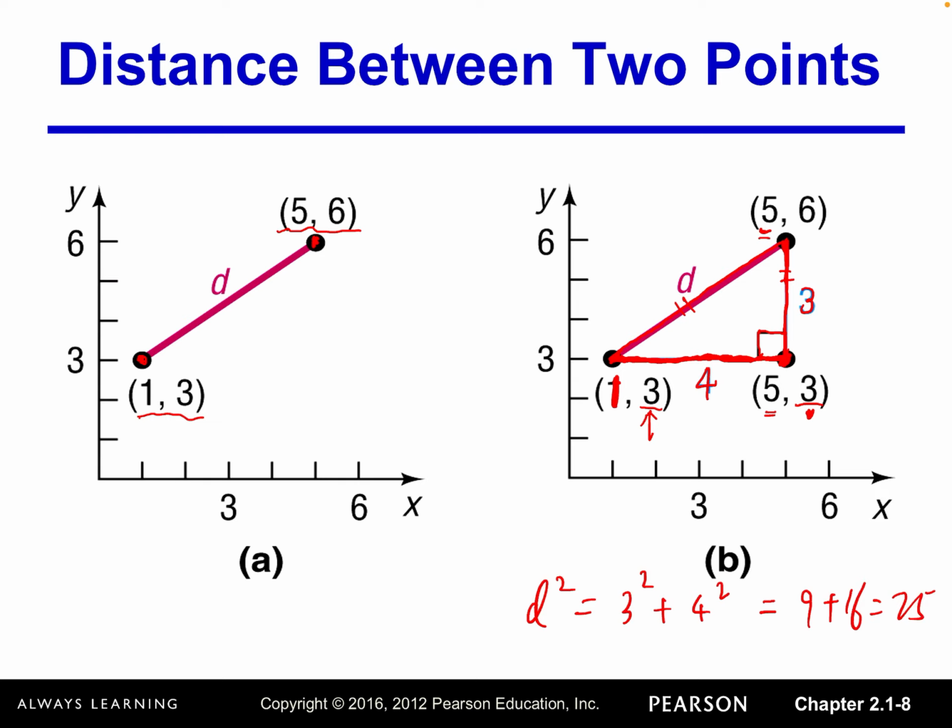So d squared, where we use d to represent the distance between these 2 points, equals 25. Therefore, d equals the principal root of 25, which is 5. So we used the geometry method to solve for the hypotenuse of a right triangle.